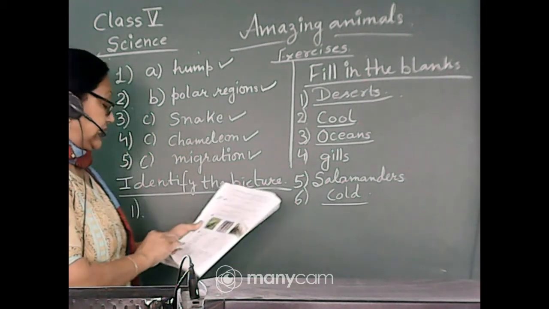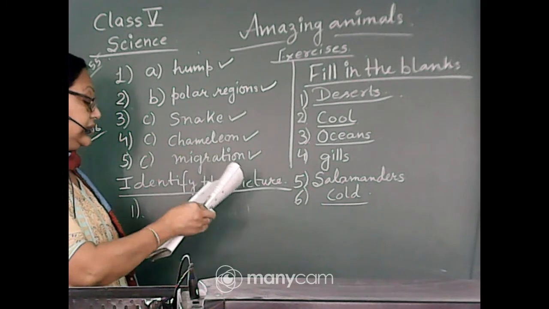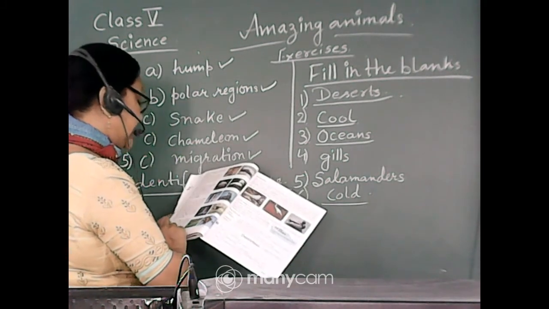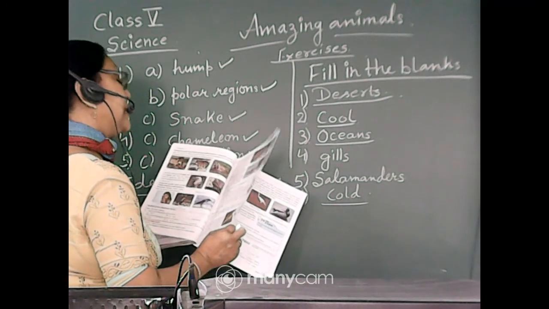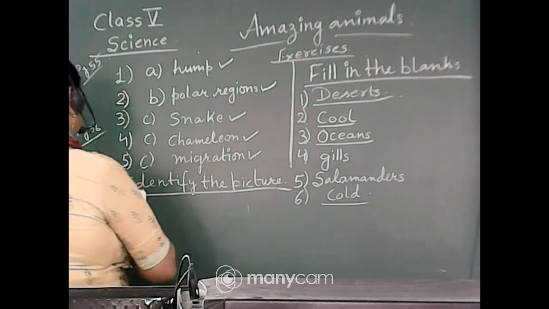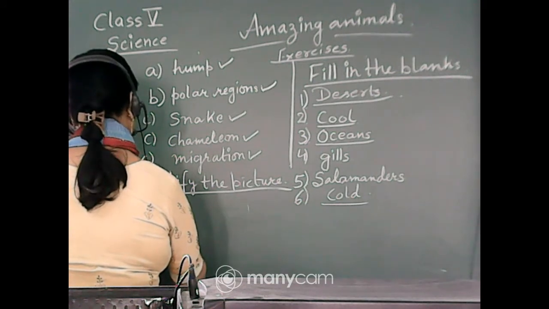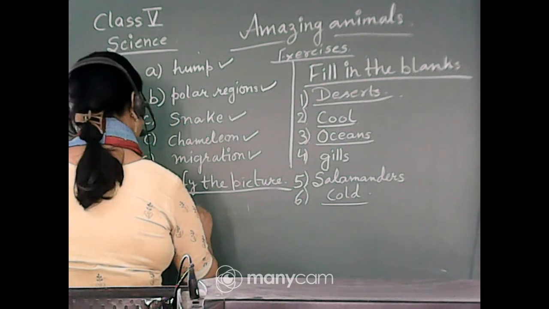It is a cricket, or actually it is a grasshopper. Second one is penguin, and third one is tortoise.